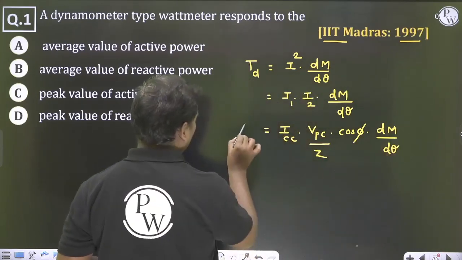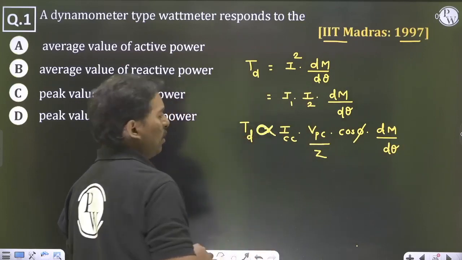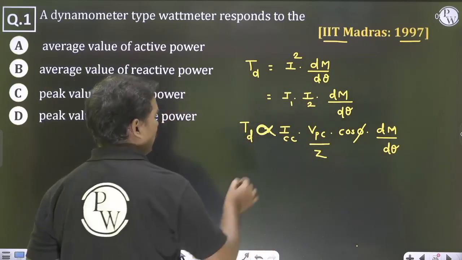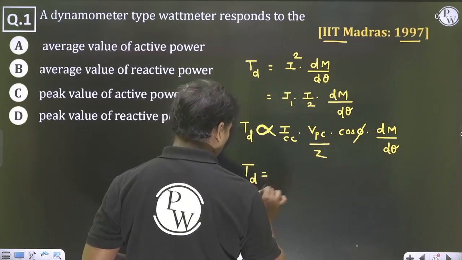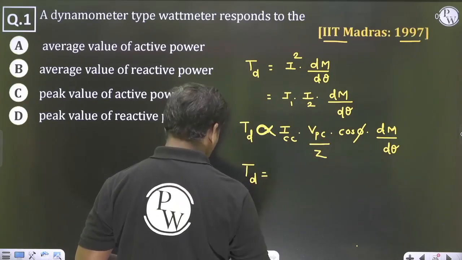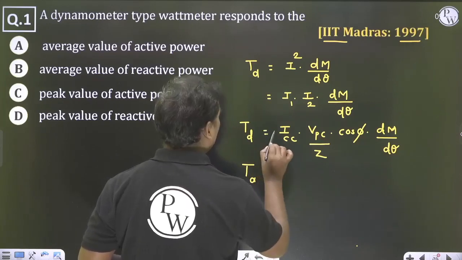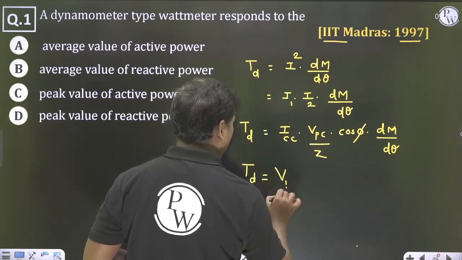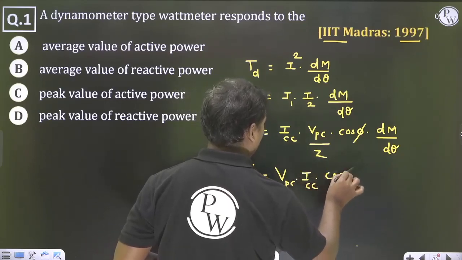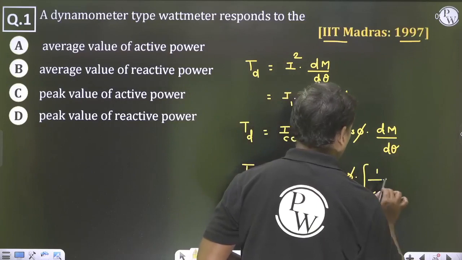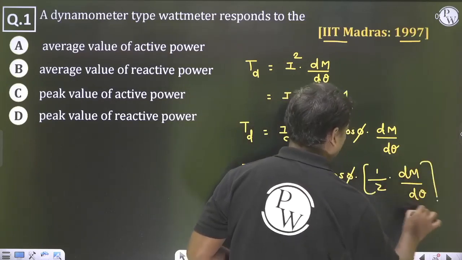So in the deflection torque expression, this will be V_PC I_CC cos phi times 1 by Z dM by d theta.